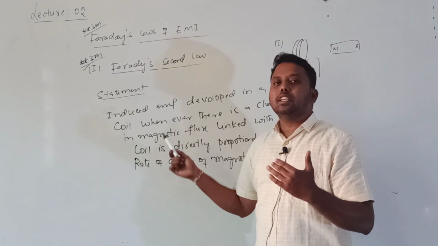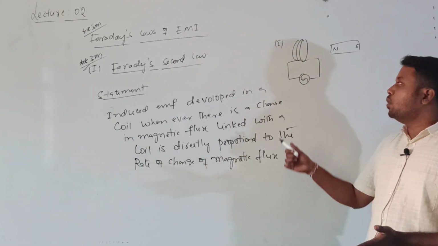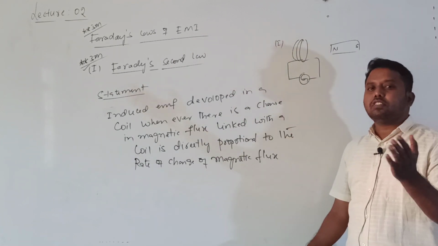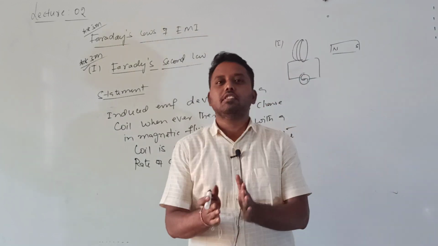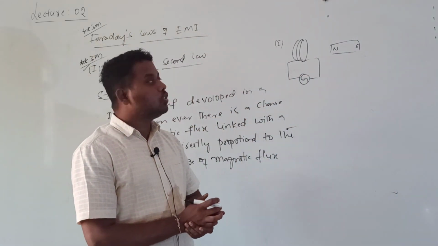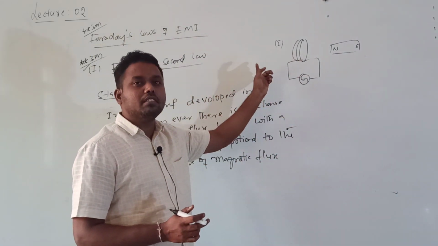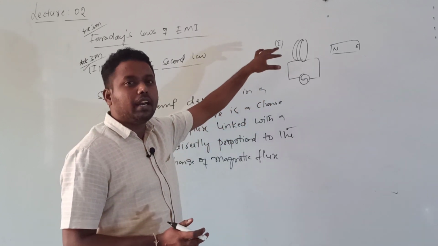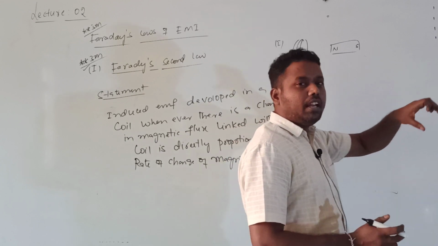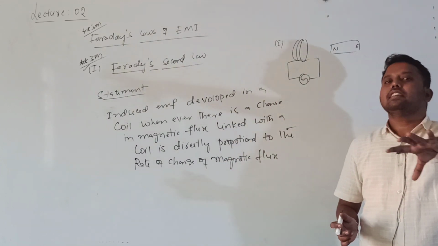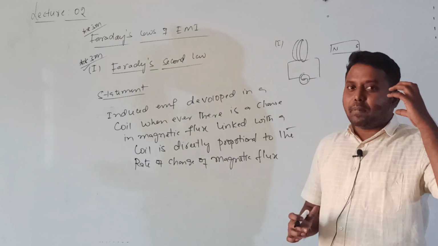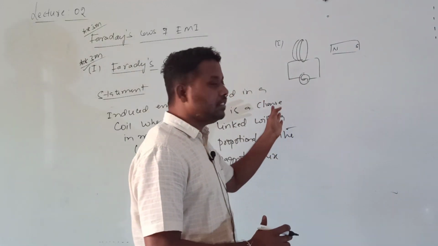Whenever there is more change in magnetic flux, more induced EMF develops. Whenever there is less change in magnetic flux, less induced EMF develops. So a bar magnet moving fast means more flux change, more EMF. A bar magnet moving slowly means less flux change, so less EMF. Okay? By using that experiment they made this law.